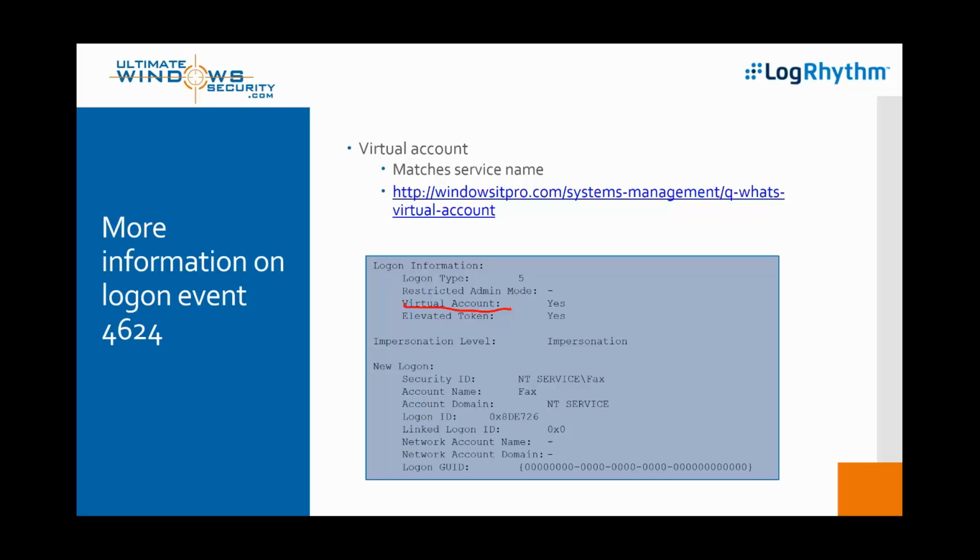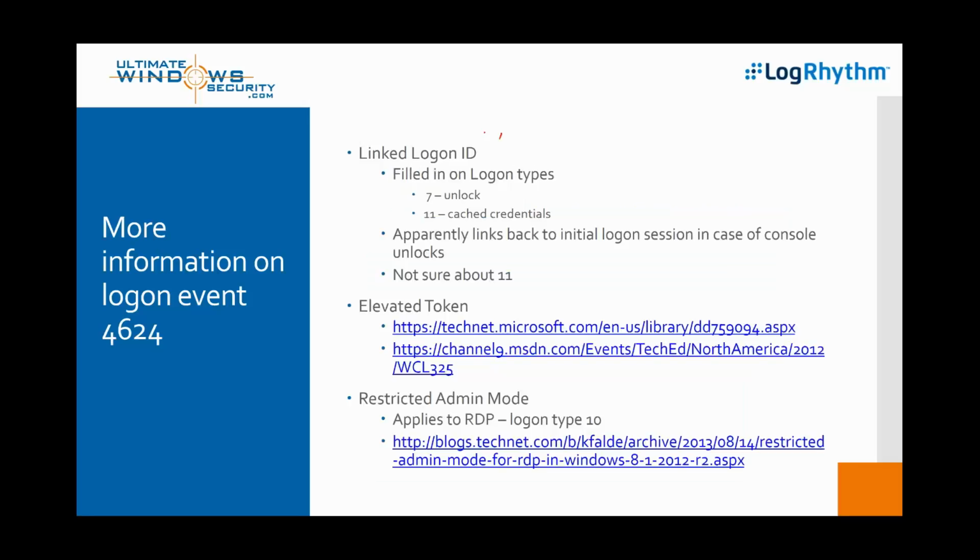And what that does is Windows creates something called a virtual account, doesn't really even create it, and runs that service under an account that is unique to just that service, and it provides you some isolation between different services on the same system. And so this is just telling you when that happens. I haven't identified scenarios yet where I want to use that from a security monitoring perspective, but it's interesting nevertheless. And it's good to see that they're keeping the events up to date with new features in Windows.